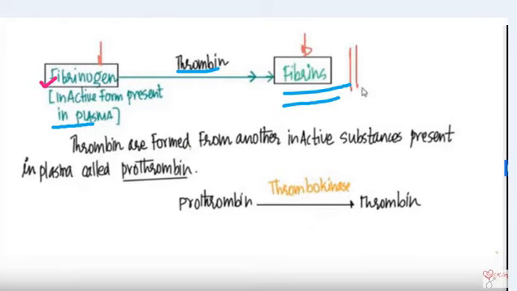Now, how is this thrombin produced? As I have just discussed, fibrinogen is an inactive plasma protein that is converted into fibrin, the network of threads, with the help of thrombin. Now, from where is thrombin produced? Thrombin is formed from another inactive substance present in plasma called prothrombin.